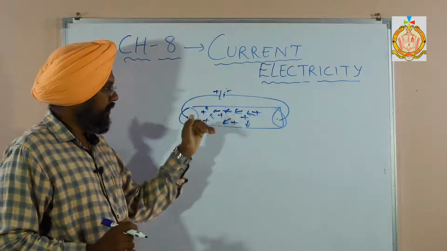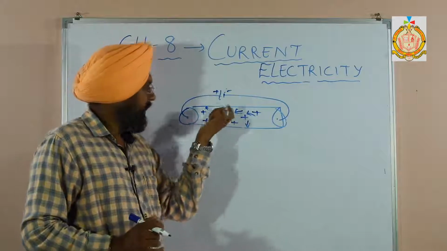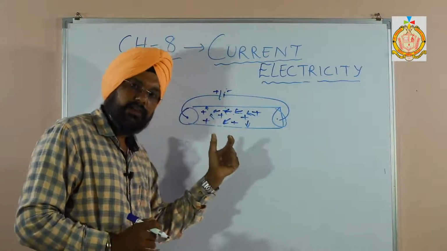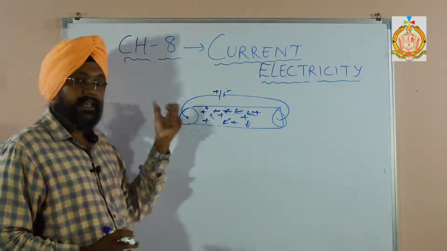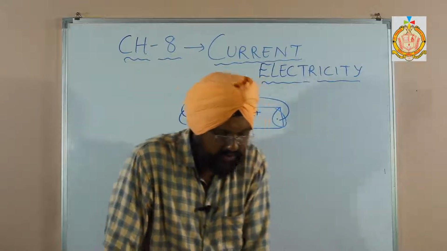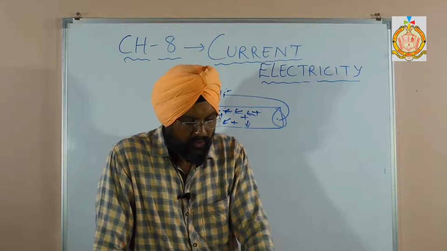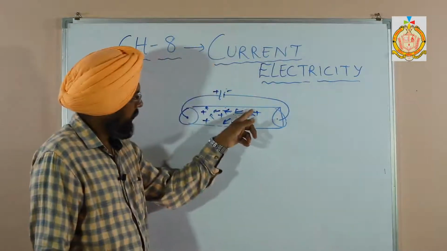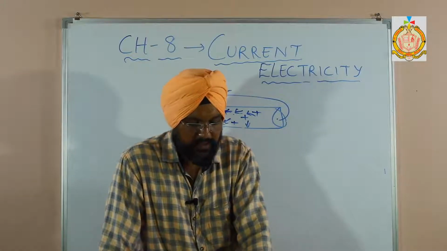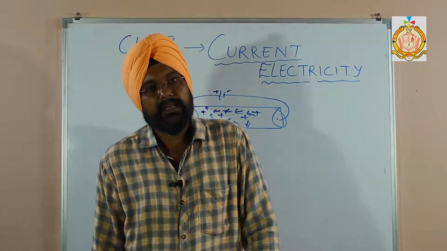As they collide with the positive charge, the speed becomes less, and that reduced speed causes resistance. The lost energy heats up the wire. After collision, they again accelerate toward the positive potential due to the existing potential, their speed increases again, and then again collision with the positive charges, and the speed decreases.